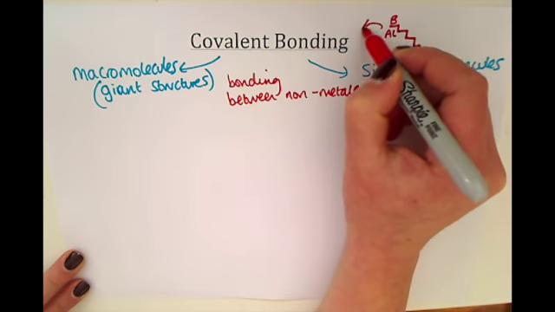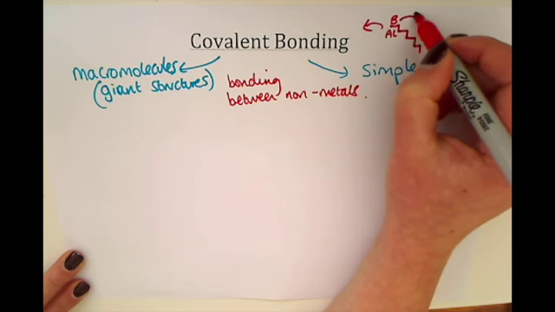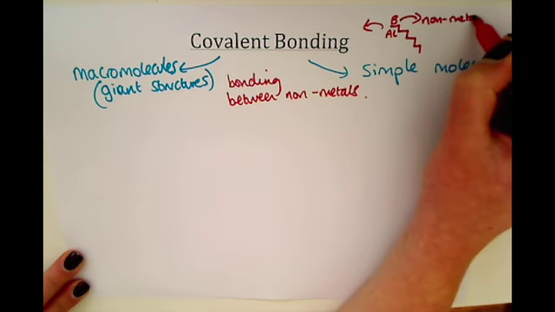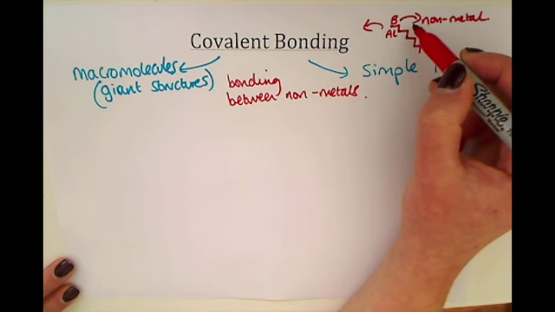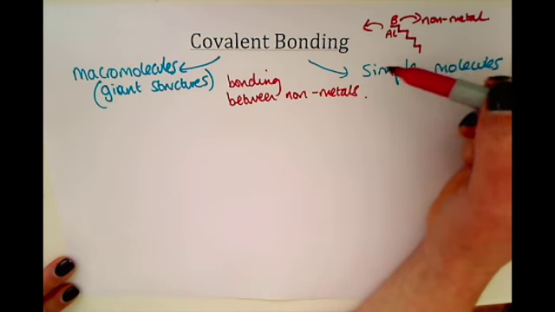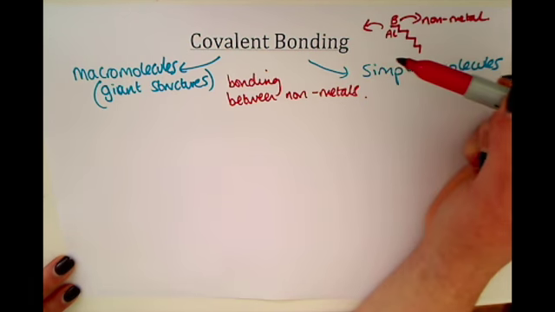Everything on the left hand side is a metal, everything on the right hand side of that zigzag line is a non-metal. So if you see two things from the right hand side bonding together, that means they are forming a covalent bond and sharing electrons.